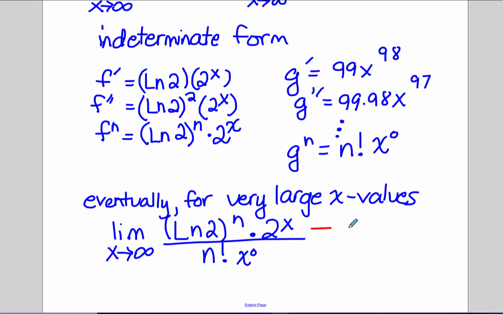So what happens here when you follow just the behavior is we're going to get infinity in the top, but we're going to get a constant on the bottom. So infinity on the top and a constant on the bottom means that you've got some huge number over a smaller number.